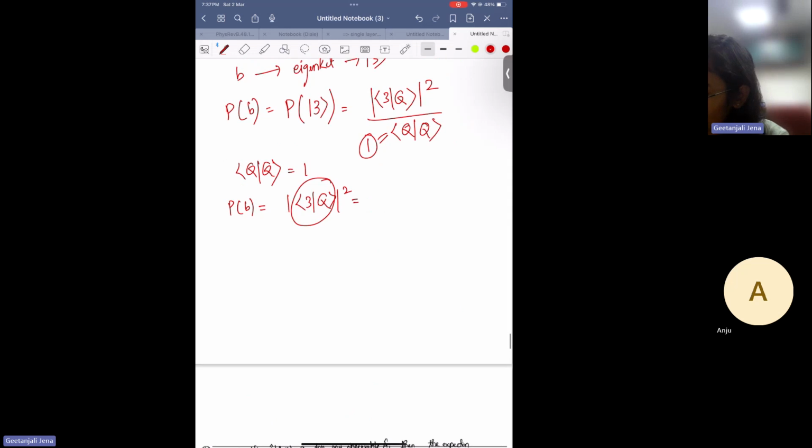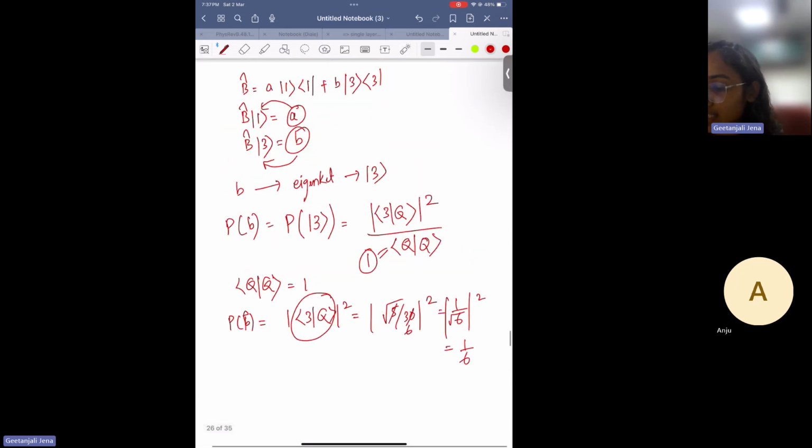So this is root over 30 squared, which is 1 by 6. So the probability of getting the value B here is 1 by 6.